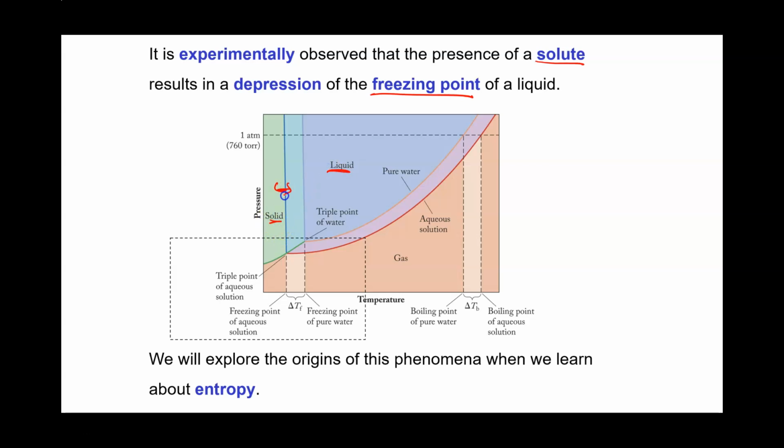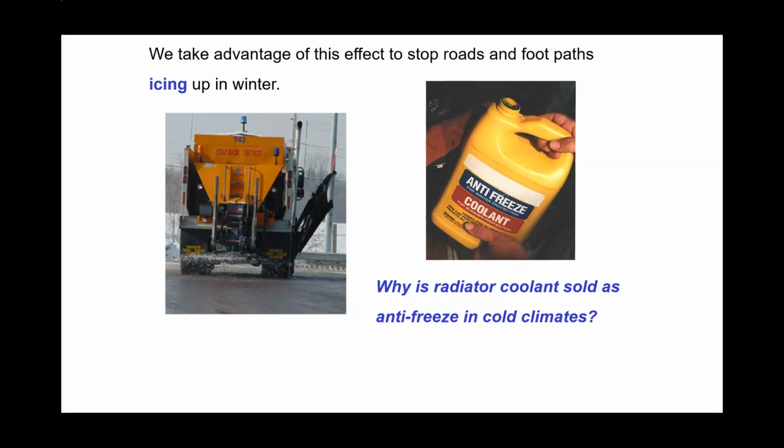So in here we have the regions where freezing is occurring. These are the pressures and temperatures where freezing is occurring, and you'll see that it's higher for pure water than for an aqueous solution. So it gets shifted to lower values. This is referred to as freezing point depression.